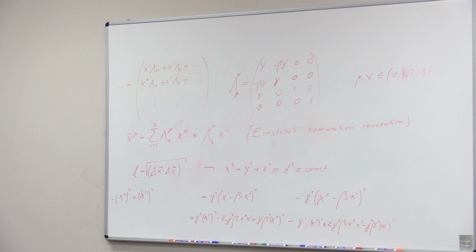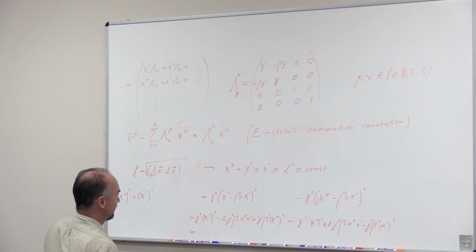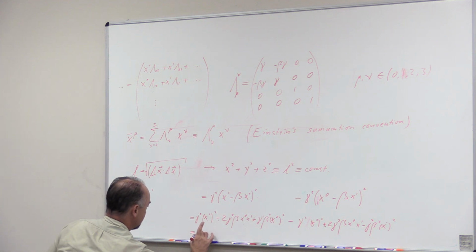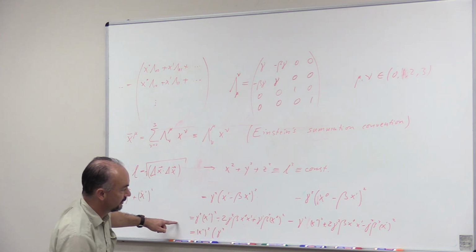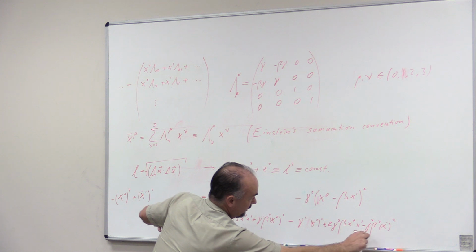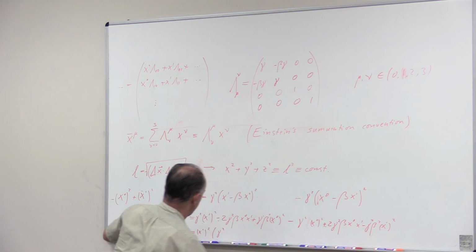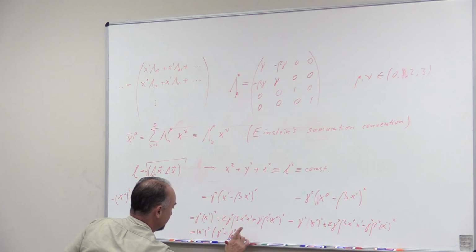Okay, then what we have, I can just read this down here. So then we have, what do we have under x1 squared? We have a gamma squared here. And what do we have here? Here we have another x1 squared with a minus beta squared. So minus gamma squared beta squared.